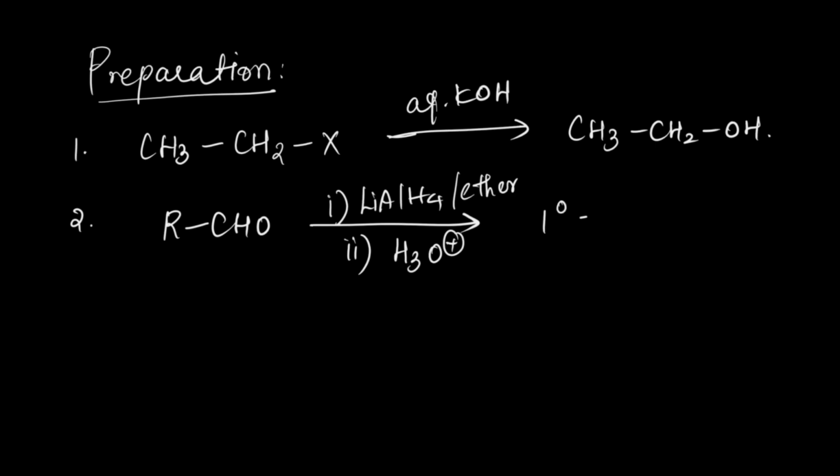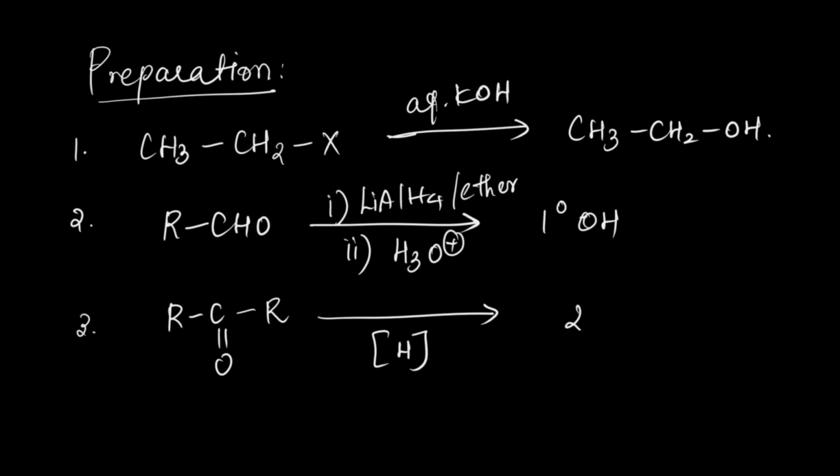Similarly, if I am reducing ketone, which will lead to the formation of secondary alcohol. These two reactions, kindly note it down and memorize it and let it stick in your mind. So how to prepare secondary and primary alcohols from carbonyl compound is super important.